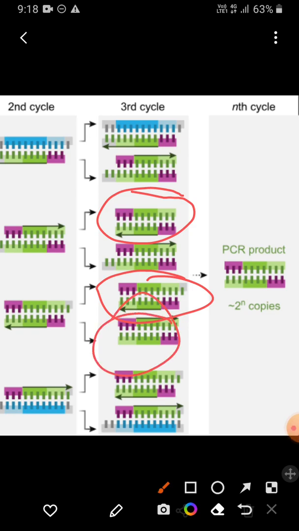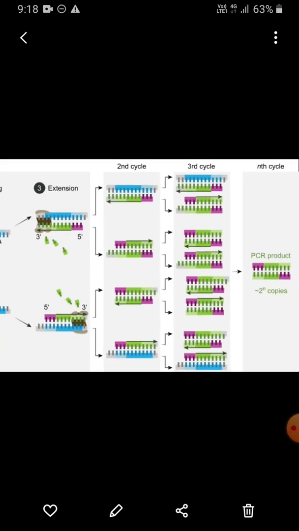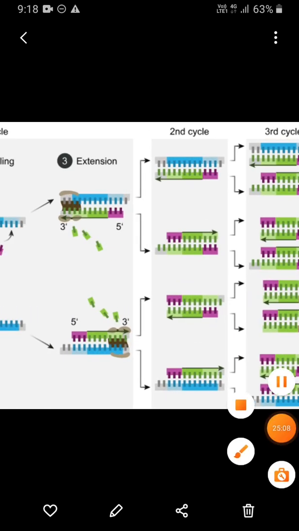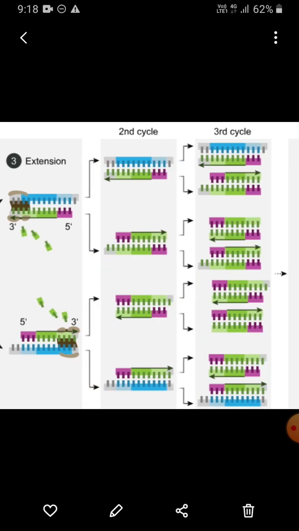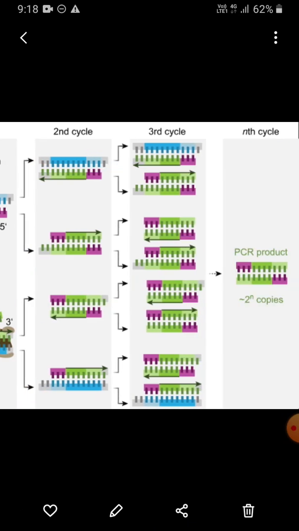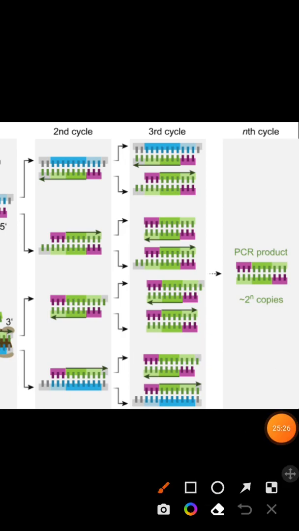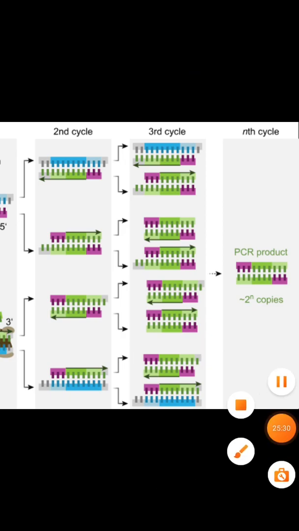But before that stage, you can see there is no gene of interest in purified form. There is unwanted part, unwanted part, unwanted part. That means no purified product is present. So if you want a purified version of your gene of interest, you have to wait for the third cycle. In that way the PCR cycle goes on.